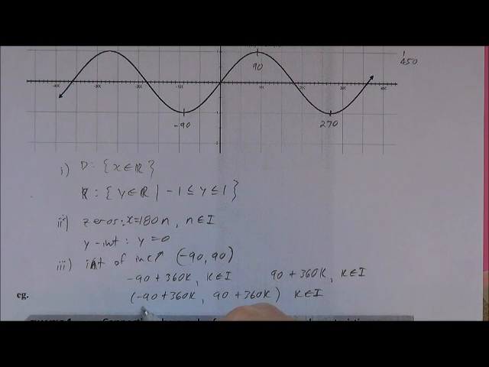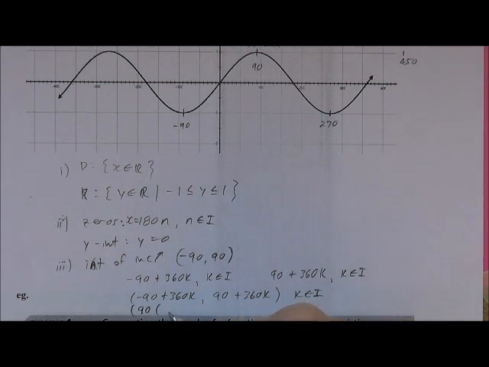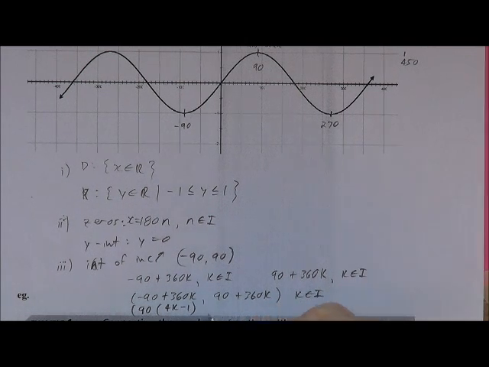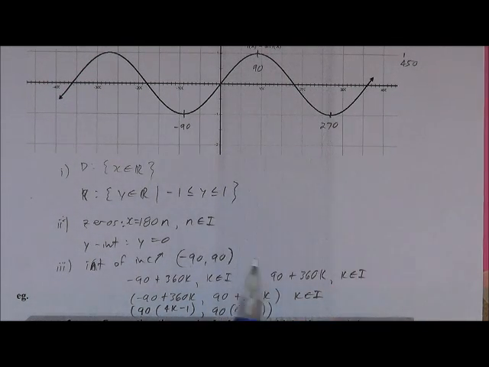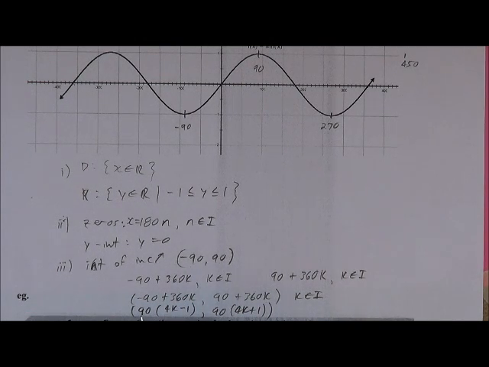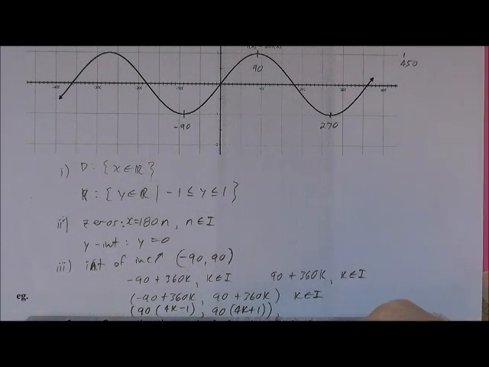We factor out a 90 from both of those, so 360k divided by 90 gives you 4k, and negative 90 divided by 90 gives you negative 1. Turning it around, it's 90 times 4k minus 1 to 90 times 4k plus 1. Again, k is an element of the integers.